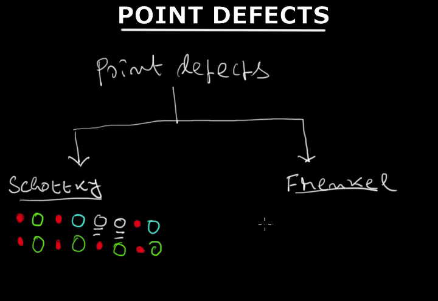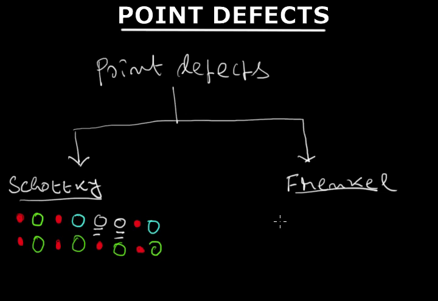In case of Frenkel defect, only one ion, generally a cation, disappear from their original position and occupy the interstitial space.